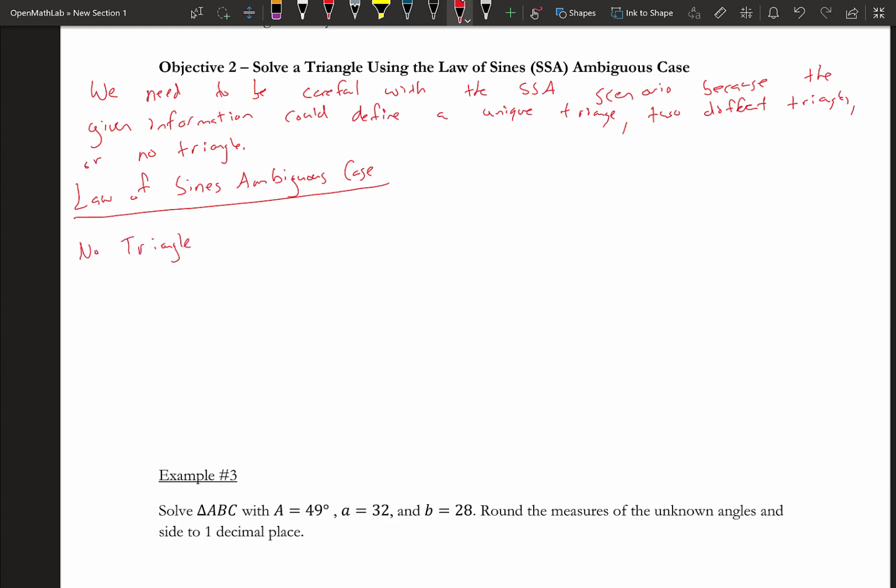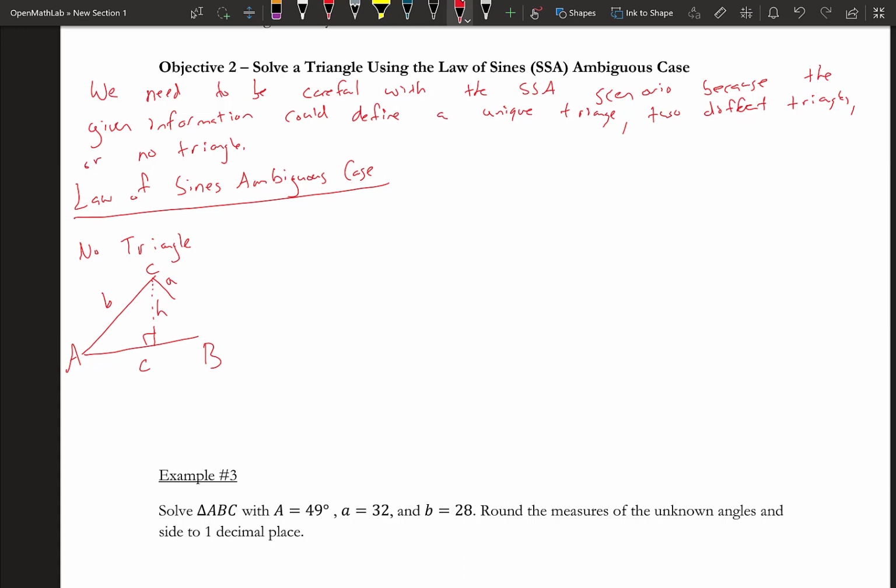So if I have a triangle that looks like this, we know what angle A is, angle B, angle C, and then this would be side A, B, side C, and then there's going to be some height of the triangle given.